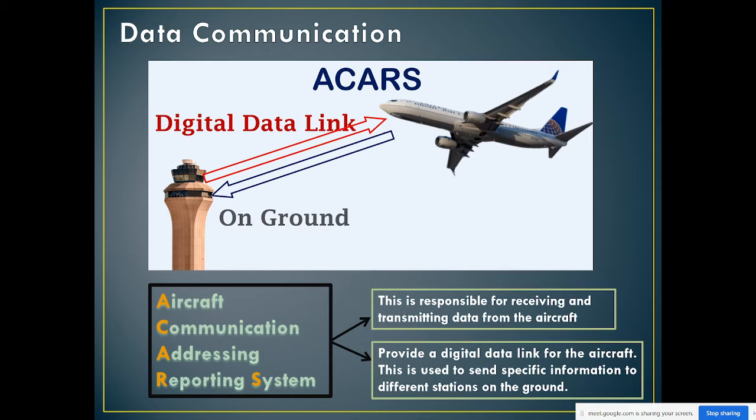Is there VHF 1 or VHF 2? Usually there are VHF 1 and VHF 2. So different VHFs have different antennas. Number 1 has its antenna, number 2 has its antenna.